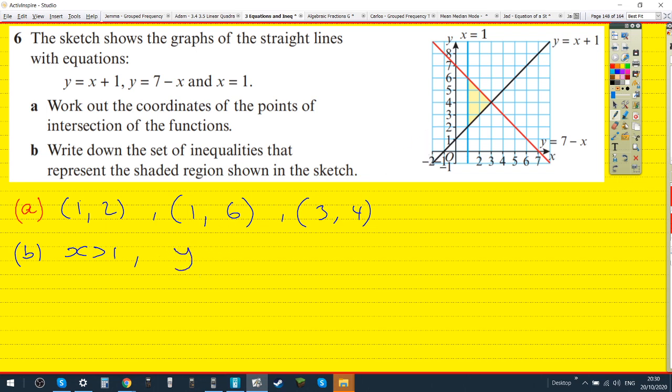That's how you'd say that. And for the other one? Would it be y is less than? For the red line. Yeah, 7 minus x. Yes, that's it. The y coordinate for the red line is less than 7 minus x. Oh, well, I don't have the answer, but that's it. Not easy. Any questions there? No.